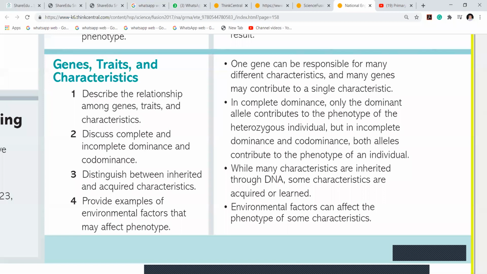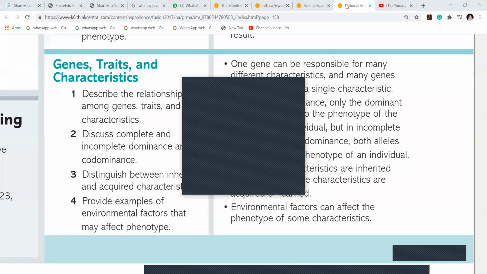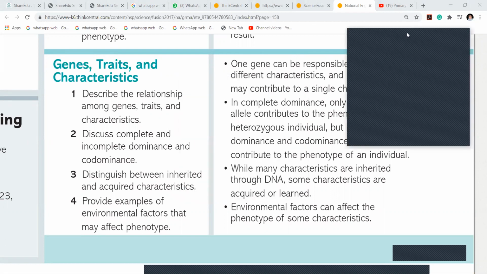Lean, are you there? Can you read the last one, my dear? Provide examples of environmental factors that may affect phenotype.